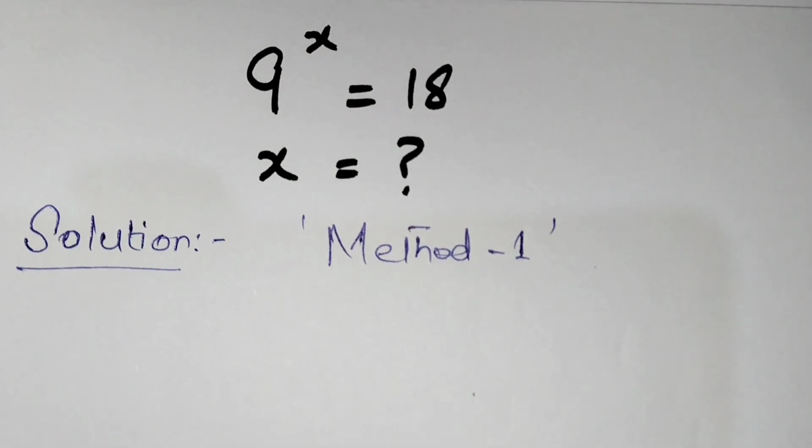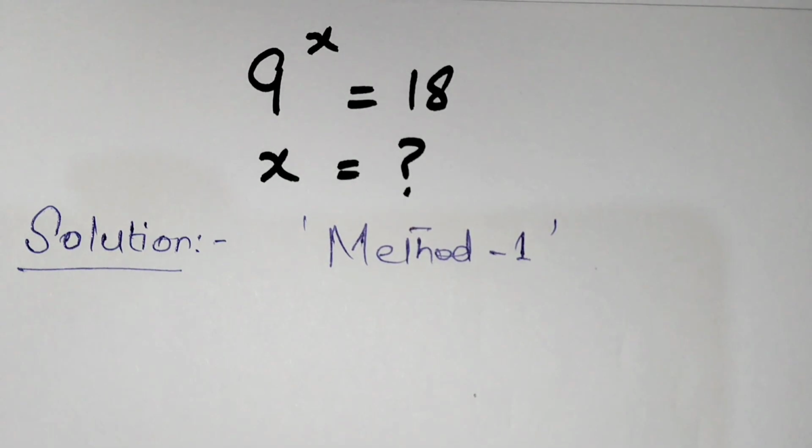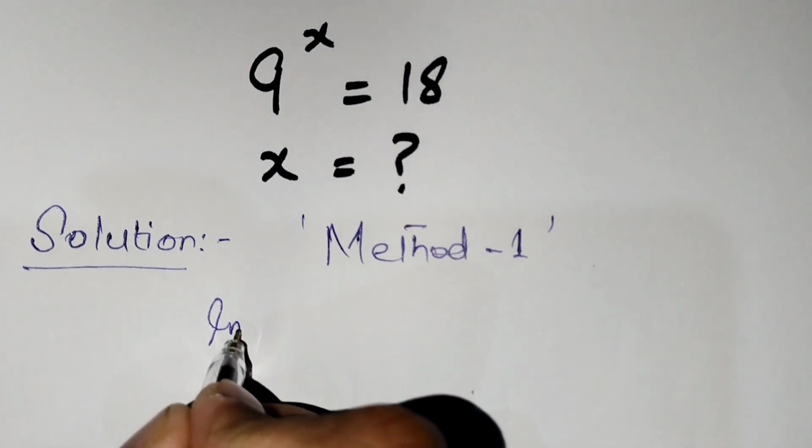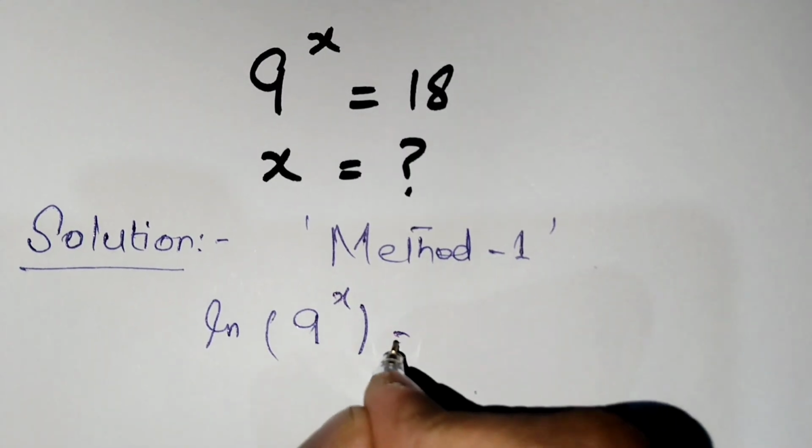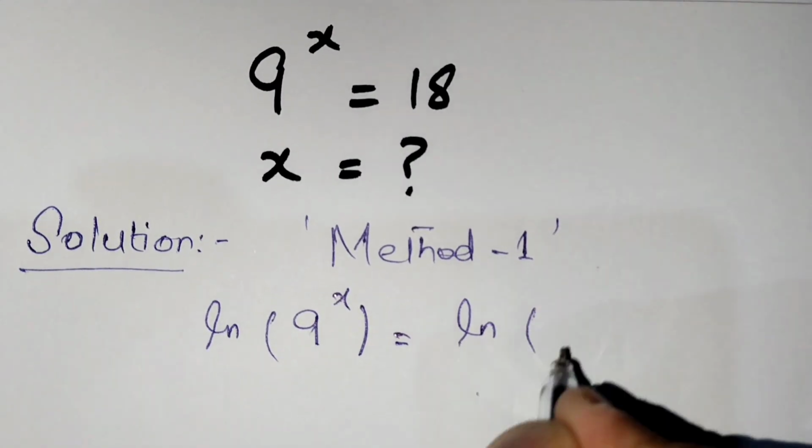In method 1, we will take the natural logarithm on both sides of the equation, that is ln of 9 power x is equal to ln of 18.